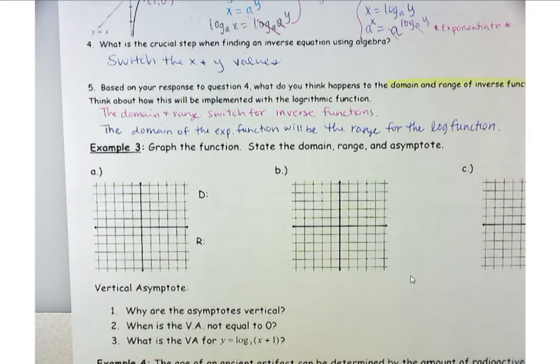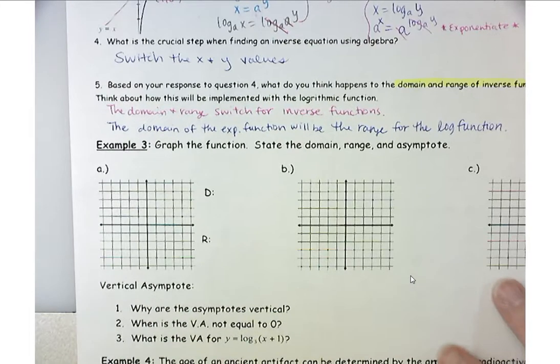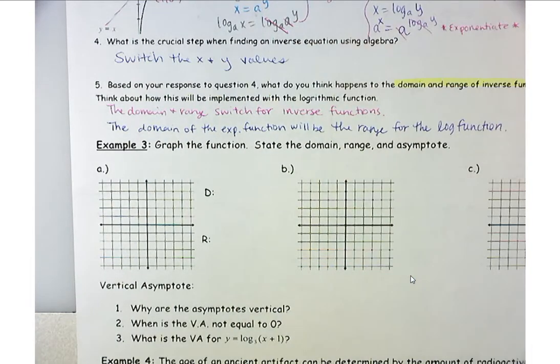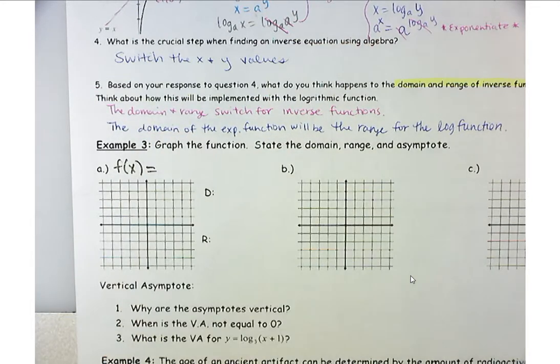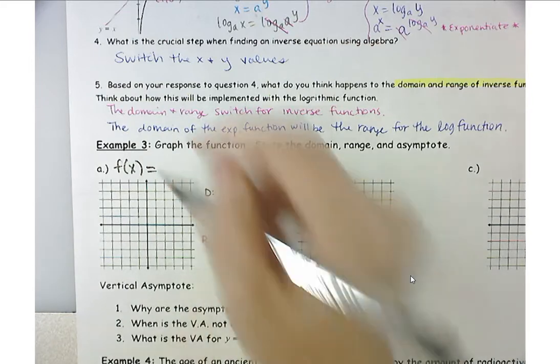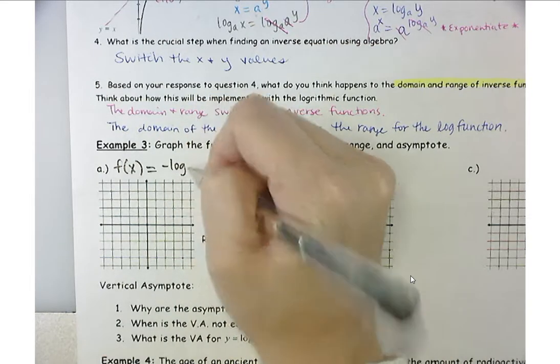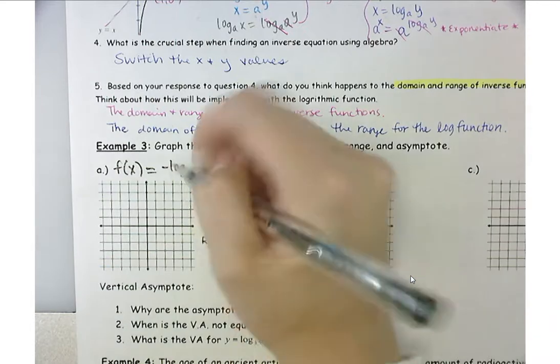So for example 3, we're going to graph the function, state the domain, the range, and the asymptote. And we're going to see how those are affected based on our new graph. So I have the negative log base 10 of x.